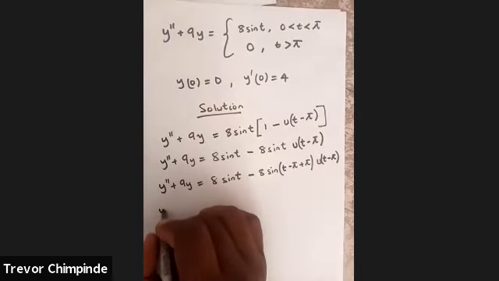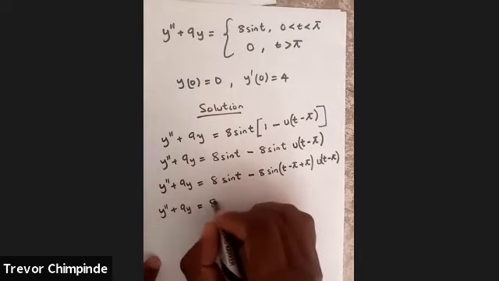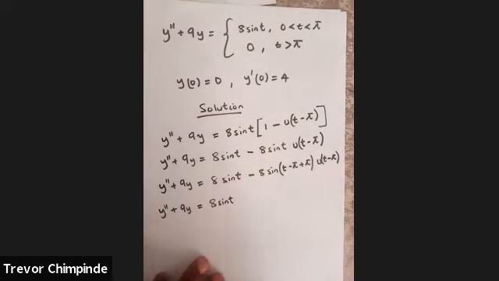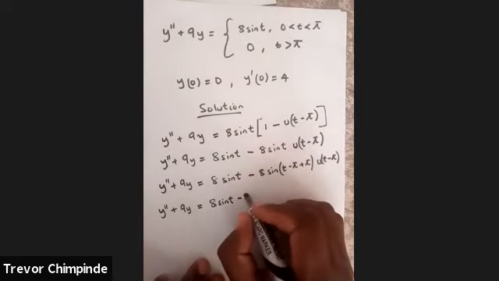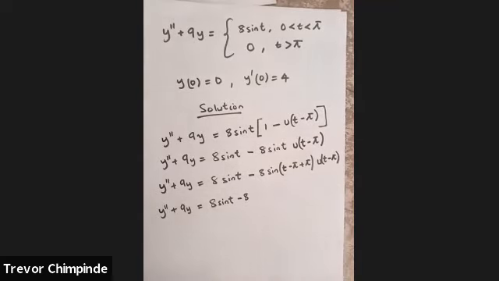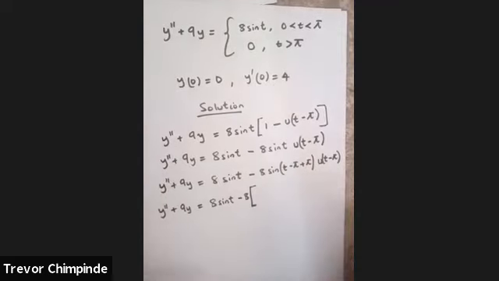So this is y double prime plus 9y equal to 8 sine t minus 8. We can use the identity for sine. So what do we get? Write this in square brackets.